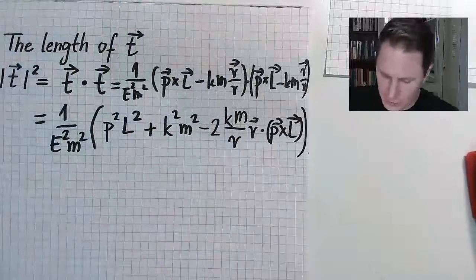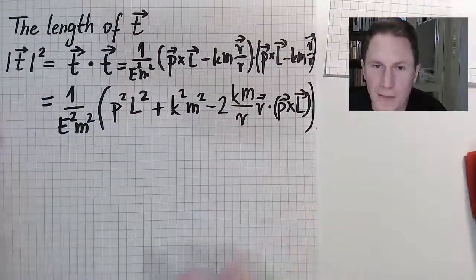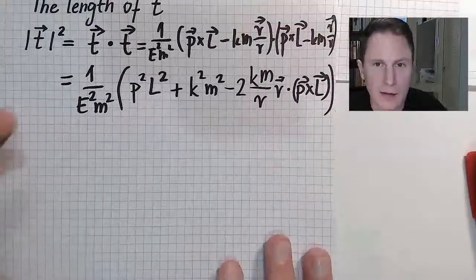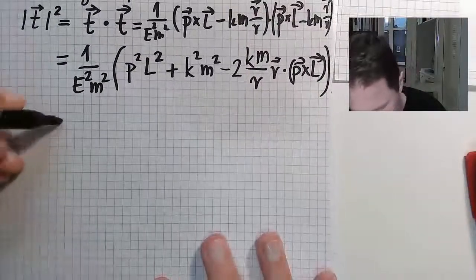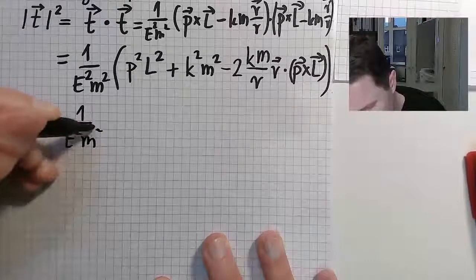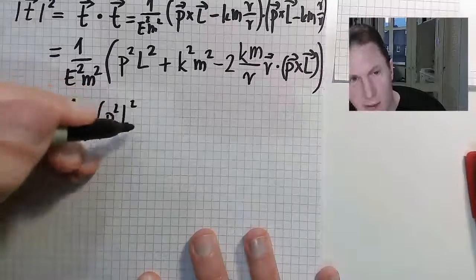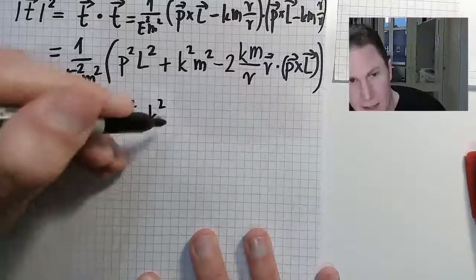This is how we end up with this vector. And again, here we can do a bit of rearranging to get the following.